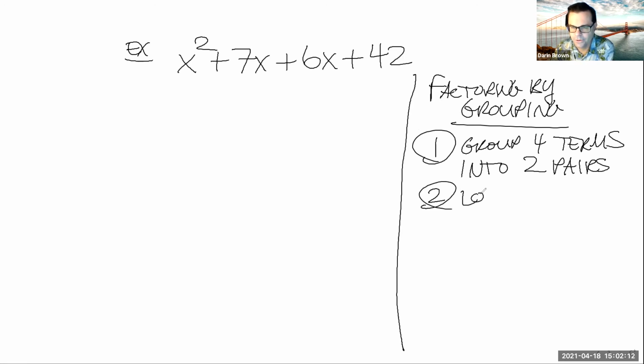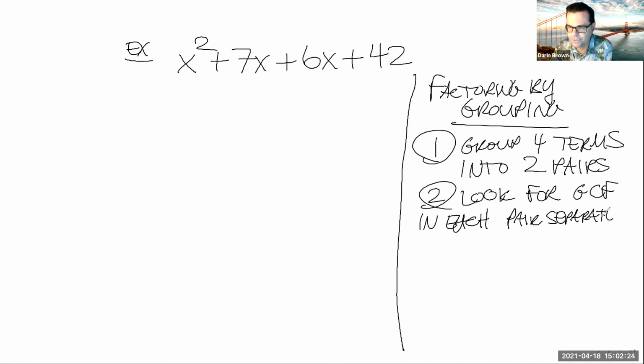Then you're going to look for a GCF in each pair, but separately. Okay, that's key. So when you look at the first 2 terms, you try and find a GCF from those. You ignore the last 2. And when you look at the last 2 terms to find a GCF, you ignore the first 2.